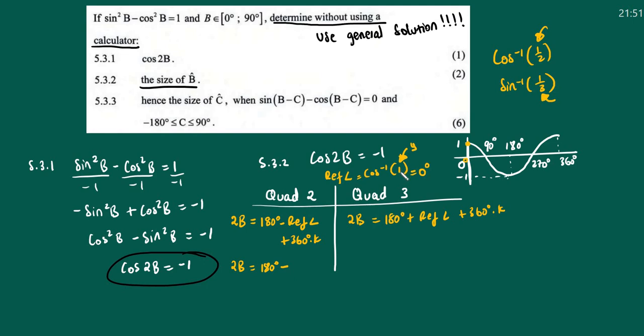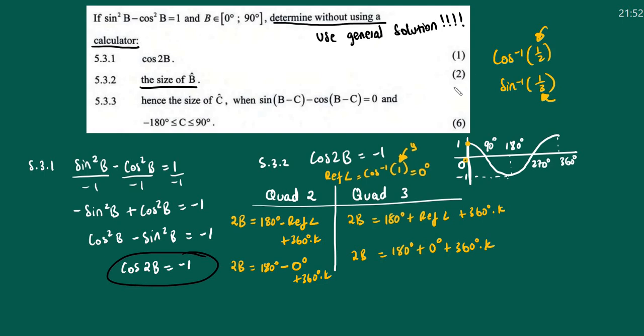So in this case, what is the x value when y is 1? Well, when y is 1, the x value is 0 degrees. So that means your reference angle is 0 degrees, and then plus 360 degrees times k. Same thing here, it's going to be 180 degrees plus 0 degrees plus 360 degrees times k.